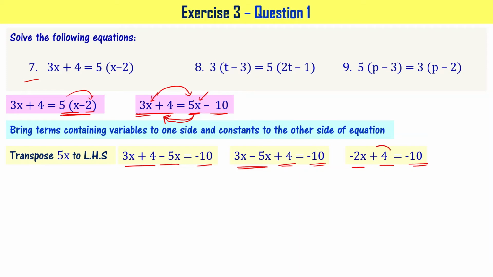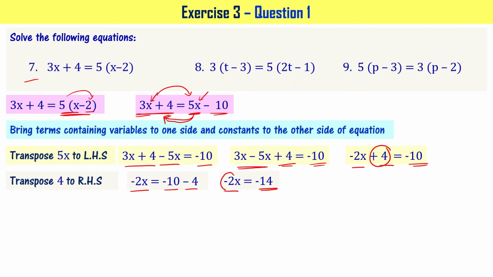Now let me transpose plus 4 to the other side. When you do that, it becomes minus 4. So minus 2x equal to minus 10 minus 4, right? That is equal to minus 14. Let me write that. Minus 2x equal to minus 14. So I can now transpose this minus 2 to the other side. When I do that, it is going to divide minus 14, right? Let's write that.